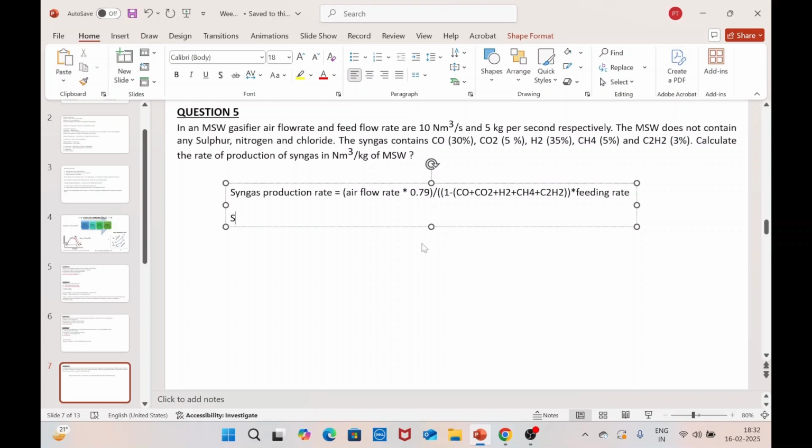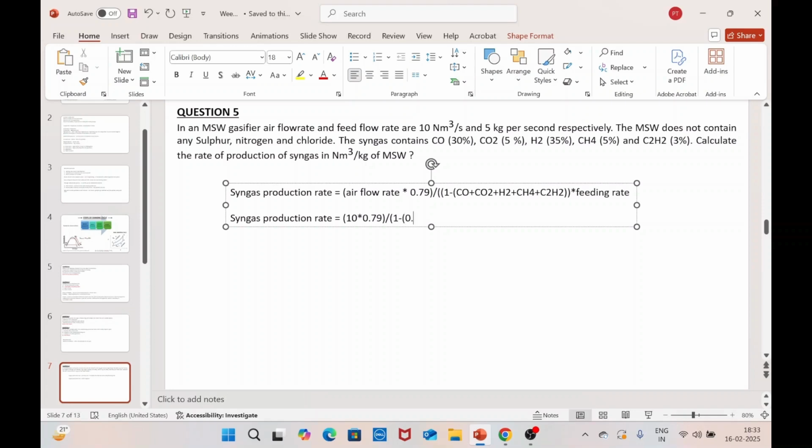So let me also calculate side by side. Airflow rate is 10 times 0.79 divided by 1 minus. Here I am taking everything in fractions, so I am not going to divide by 100.